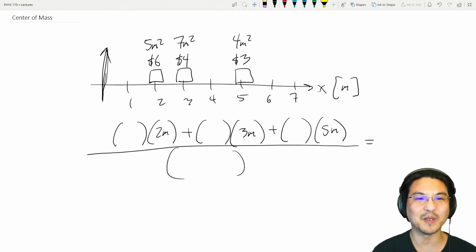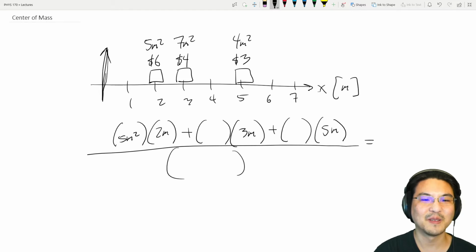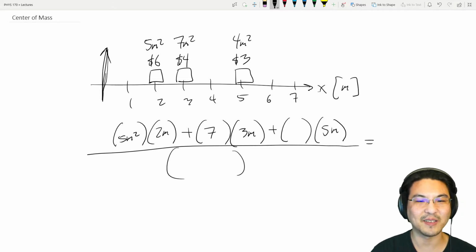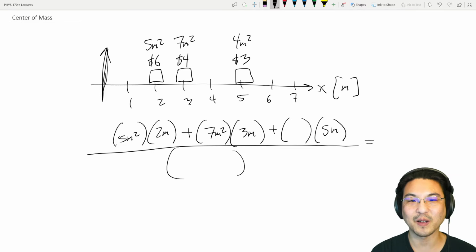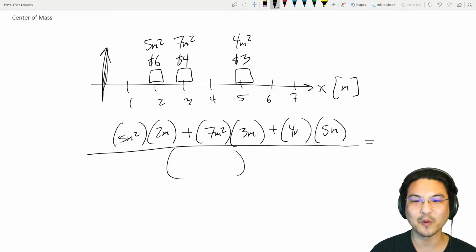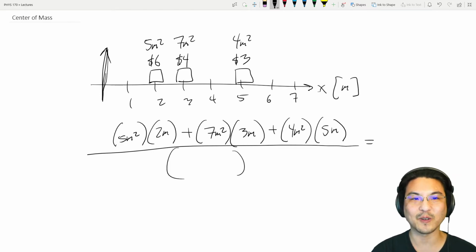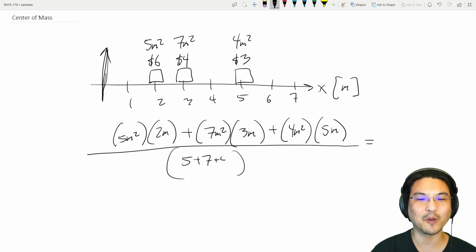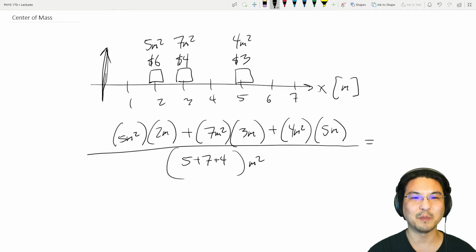The box at 2 meters is 5 square meters. The box at 3 meters is 7 square meters. The box at 5 meters is 4 square meters, divided by the total surface area, 5 plus 7 plus 4. So the numerator would be meters cubed, the denominator meters squared. The answer would be meters. It would be the area weighted mean position of the 3 boxes.